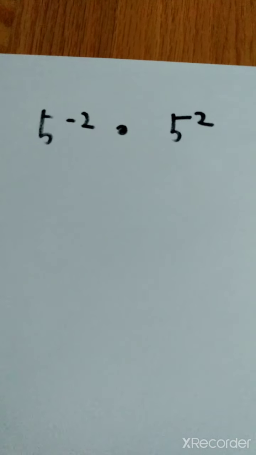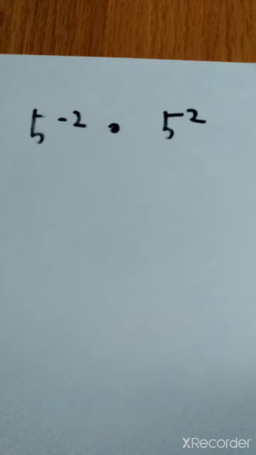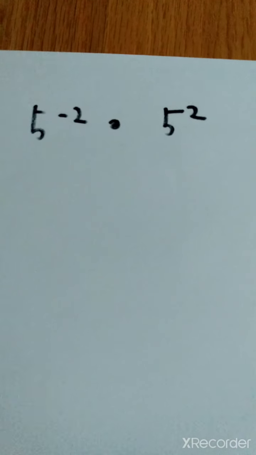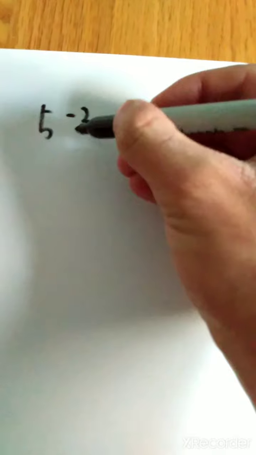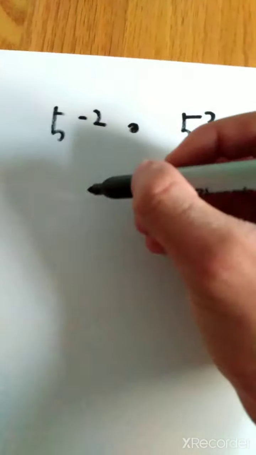To prove why it's 1 instead of 0, we're going to do a simple multiplication problem that has exponents in it. So we have 5 to the power of negative 2 multiplied by 5 to the power of 2.